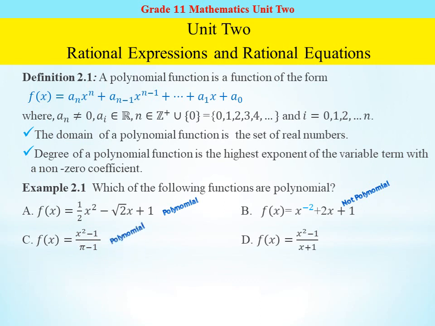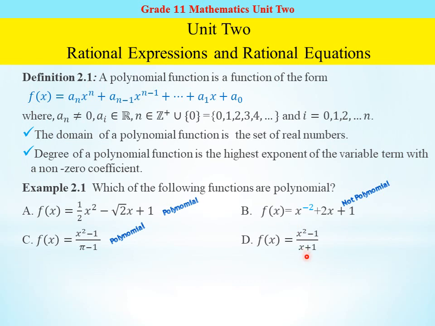d, f of x equals x square minus 1 over x plus 1. What about this one? It is not a polynomial function, because what is the domain of a polynomial function? ዶሜኑ the set of real numbers መሆን አለበት ብለናል። ነገር ግን ከዚህ ጋር ዶሜኑ ምንድነው?